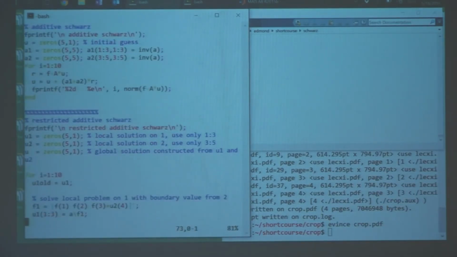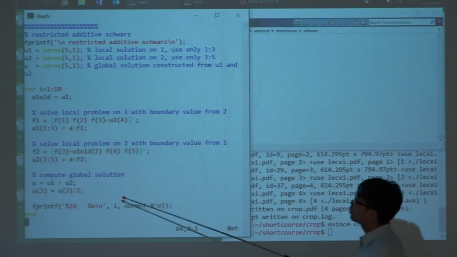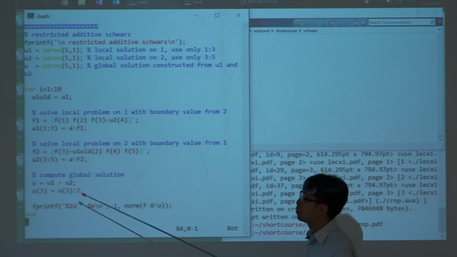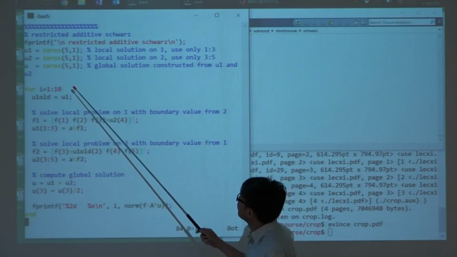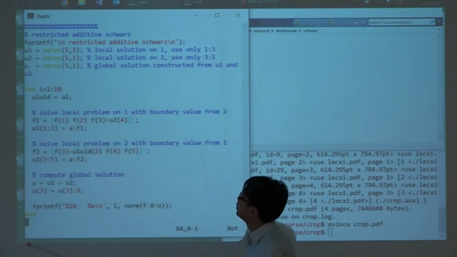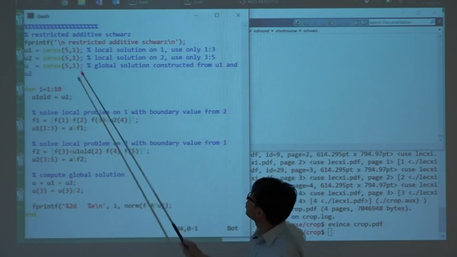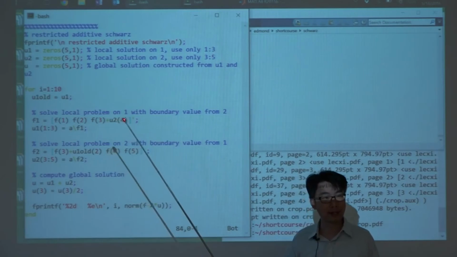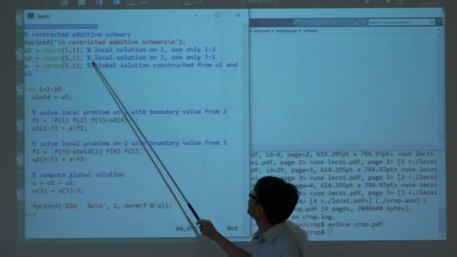And then restricted additive Schwarz. Compare this to the multiplicative version. We have a global solution U, and in this implementation I'm going to have a U1, which is the local solution that I'm maintaining, and a local solution U2 that I'm maintaining.